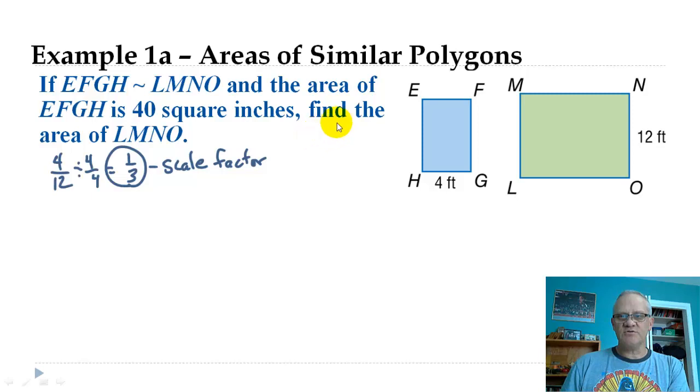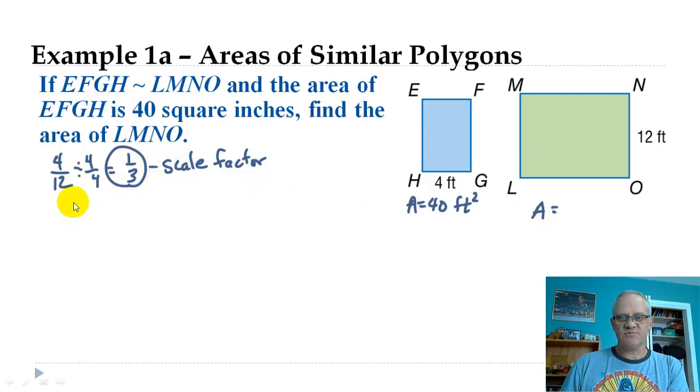Okay, so what we're trying to do is find the area. Now it told us that E, F, G, H, the area is 40. So the area here is 40, and remember that's feet squared. What we're trying to do is find the area of this one. Well, if this is the scale factor, remember the ratio of the areas is this scale factor squared.